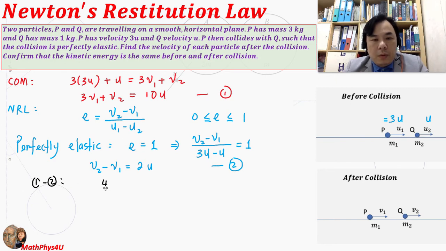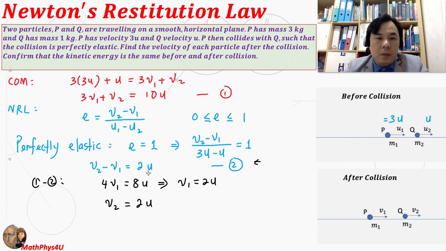Therefore, I will have 4V1 equal to 8u. That simply means V1 is equal to 2u. So V1 reduces its velocity. And then from the same equation itself, my V2 will be 2u plus V1, using this one here.